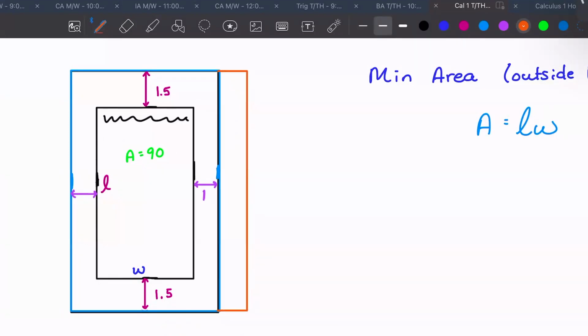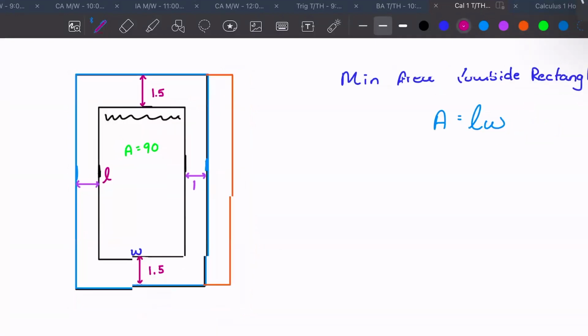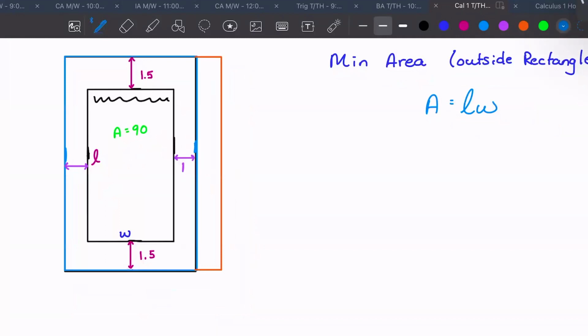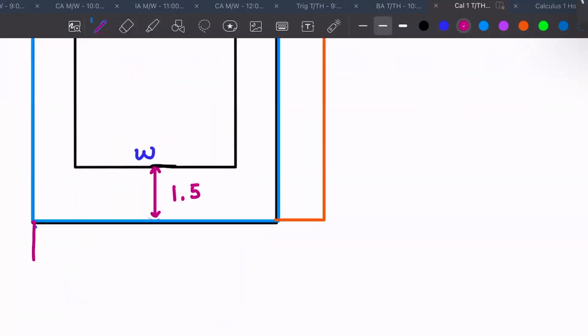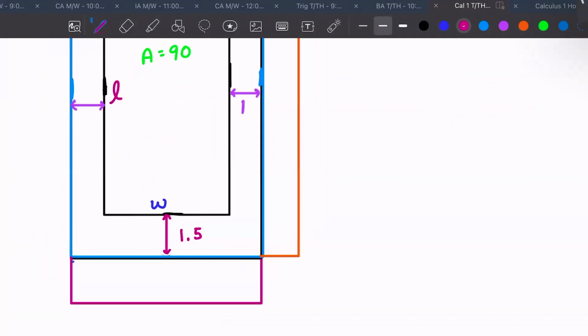We need that length, right? And we need, use another color, this width. Whatever. There we go. It's infuriating.